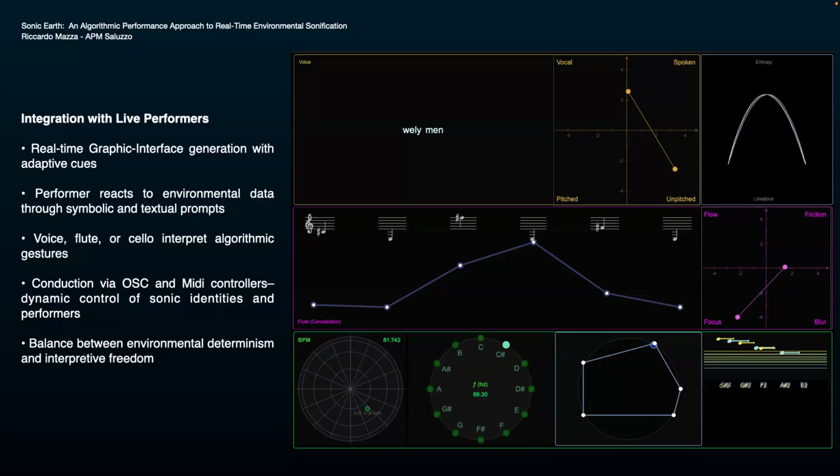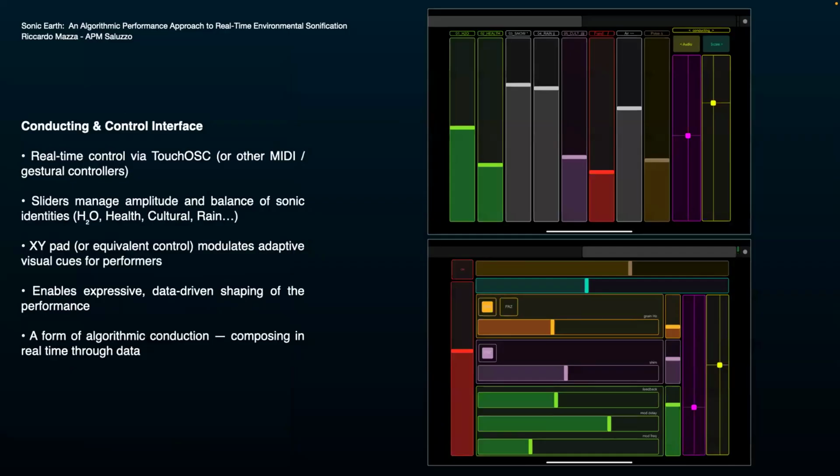For the flautist, we have a constellation. She can see more or less the notes that identity number one is doing, but she doesn't necessarily have to follow it. It's just an indication, and like for the singer, it's easier to hear than to speak.